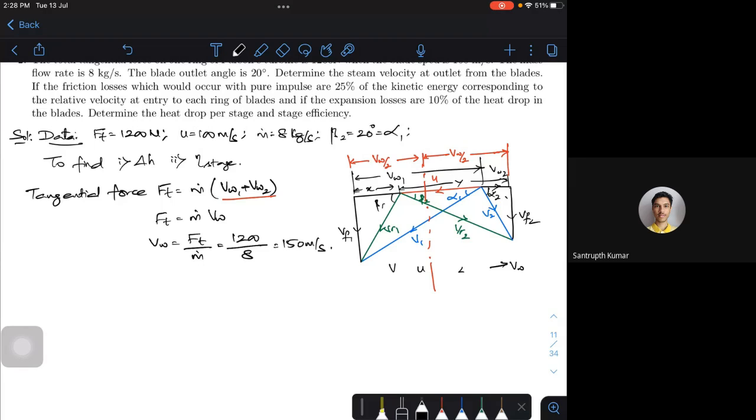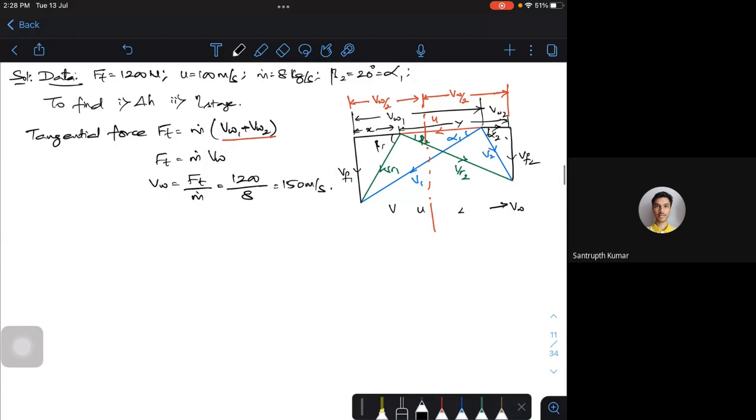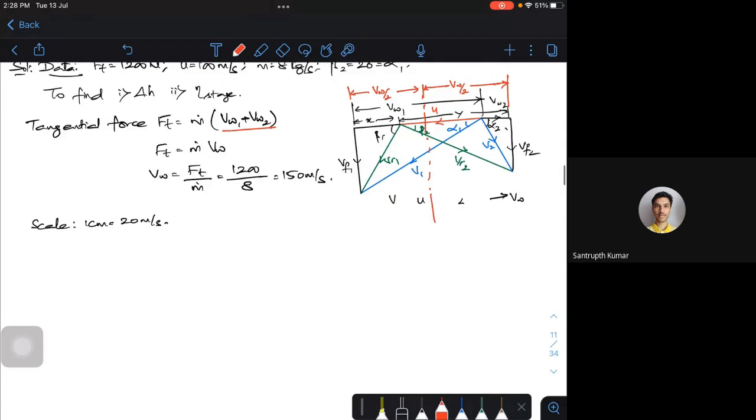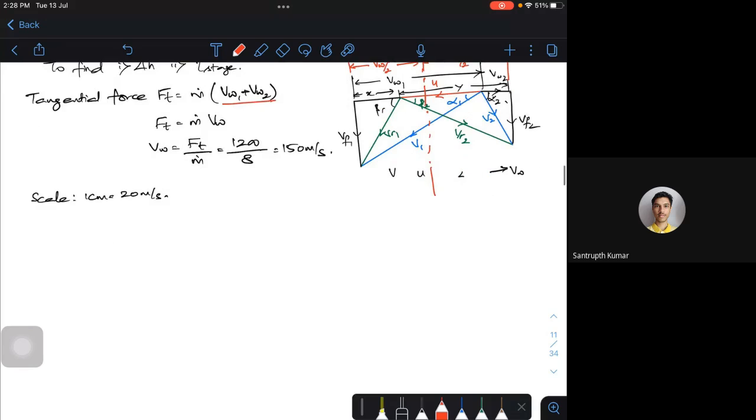Here I am trying to get VW of around 150 meters per second. With a scale of 1 centimeter equal to 20 meters per second, u equal to 100 means I am going to get 5 centimeters.